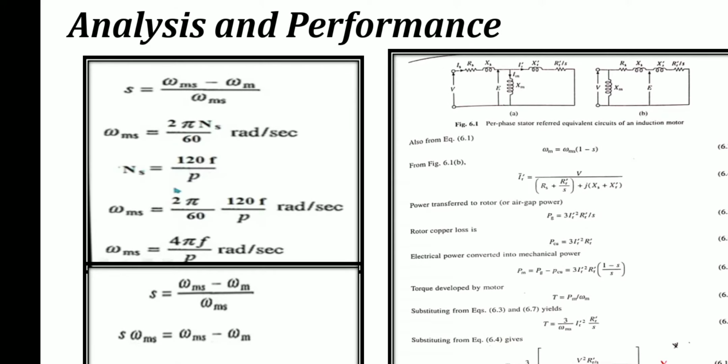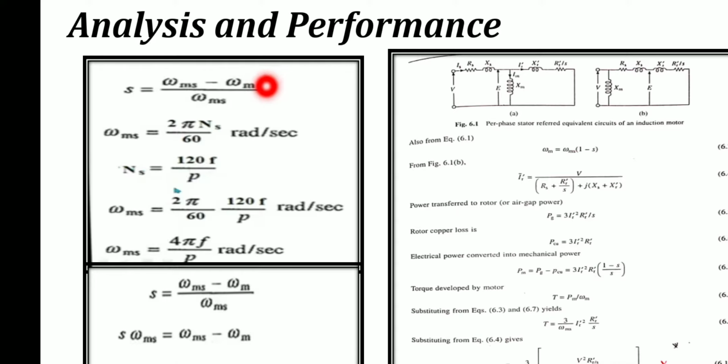Okay, now slip, how are we going to define it? What is the definition of the slip that I told? This is the basic difference between the synchronous speed and the actual rotor speed, relative to the synchronous speed itself. Getting my point? So how will we define it now? Ns minus n divided by Ns itself.